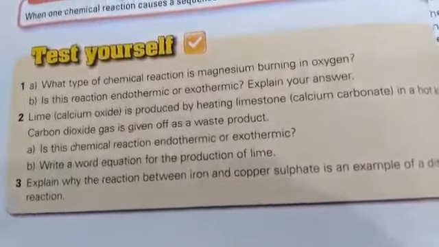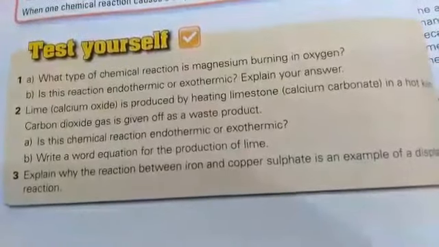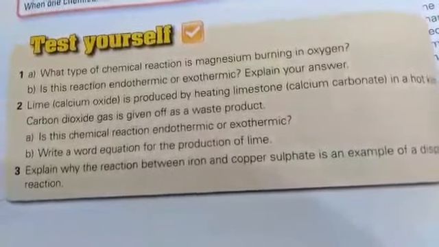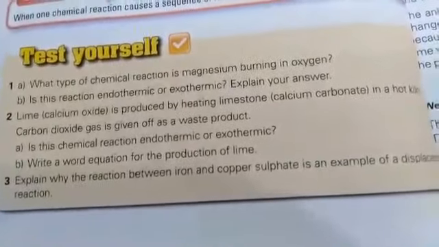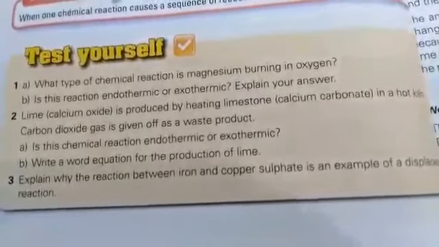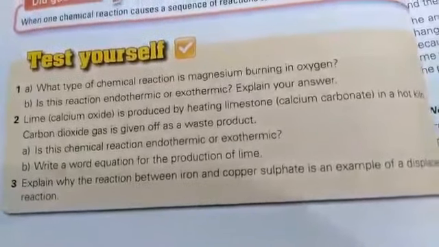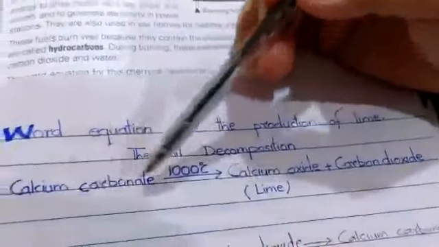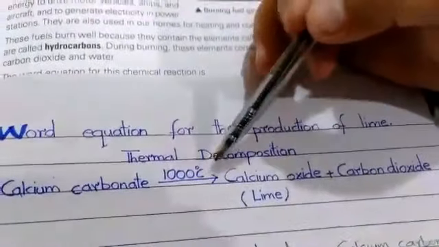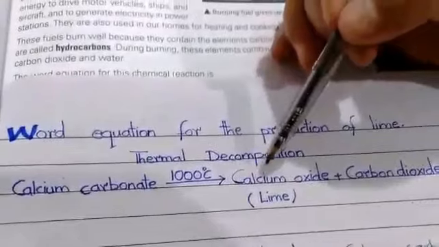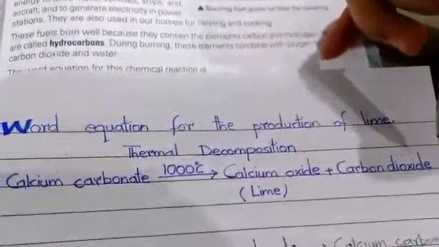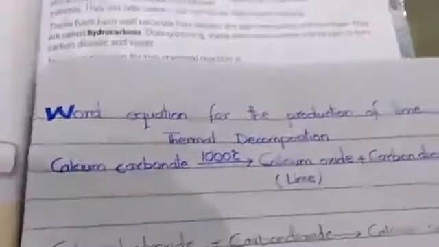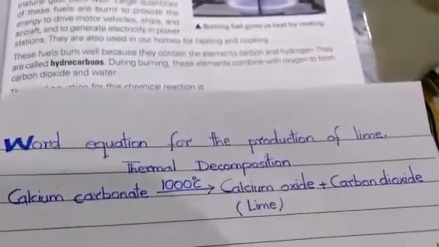This is an endothermic reaction because it needs a very high temperature, 1000 degrees centigrade, for the decomposition of calcium carbonate. Write a word equation for the production of lime. The word equation for the production of lime is this. Calcium carbonate, when heated up to 1000 degrees Celsius, decomposes into calcium oxide and carbon dioxide.